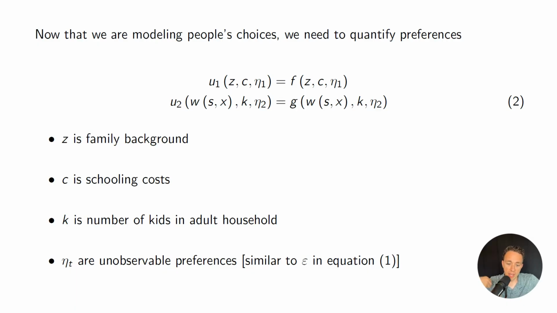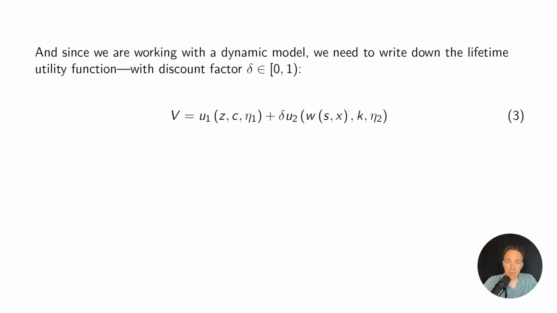And then these etas, eta 1 and eta 2, are going to be unobservable preferences, in the same way that epsilon is unobservables relating to the log wage. And then we can string these utility functions together and add them up with a discount factor in front of the second period utility function, and that becomes our lifetime utility function.